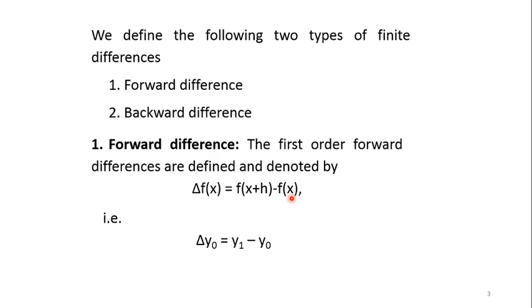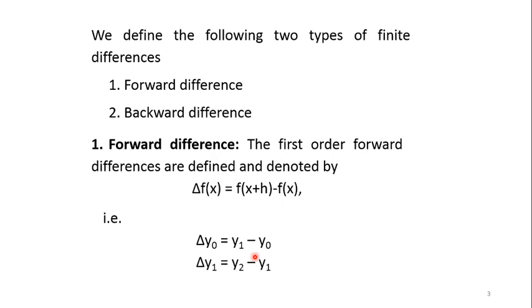Corresponding to these values, the values of the dependent variable are known as entries, while the values of x are known as arguments. So the first order difference for y0 is y1 minus y0.